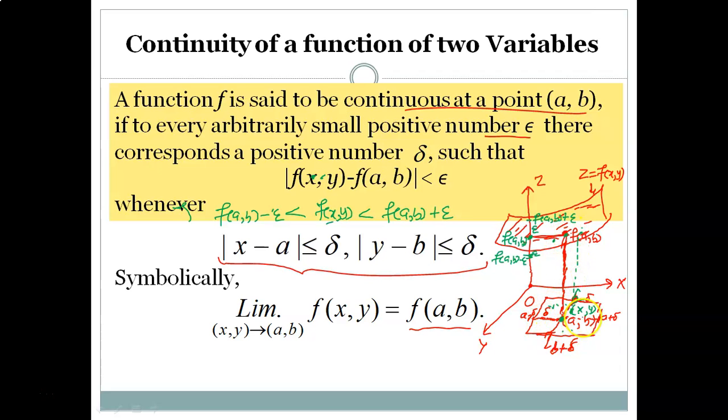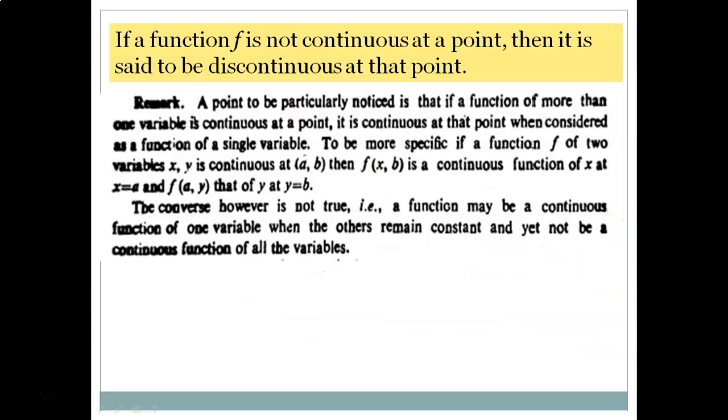Also, because you are talking about the neighborhood here, at this point as well as around the small neighborhood around this point, there is no hole in the surface. That is why the surface is said to be continuous at this point (a, b), or the function of two variables f(x, y) is said to be continuous at the point (a, b). Now, if a function is not continuous at a point, then it is said to be discontinuous at that point.